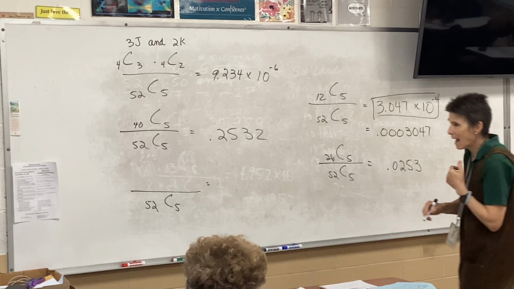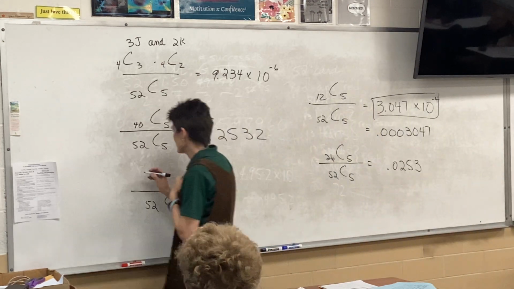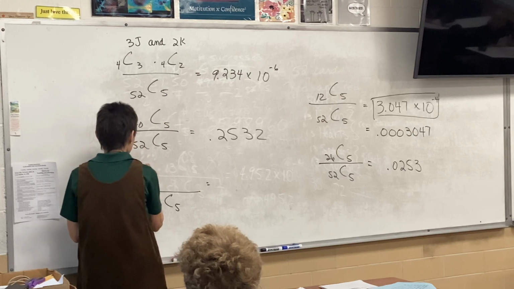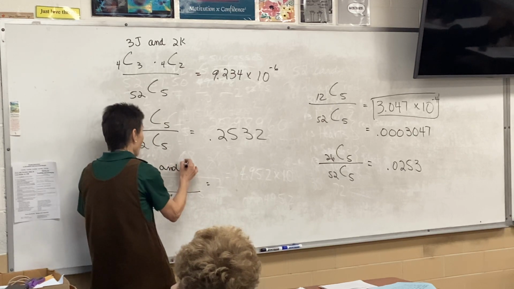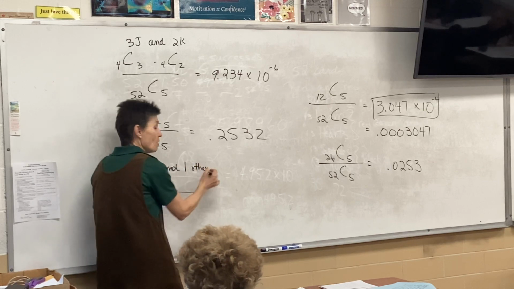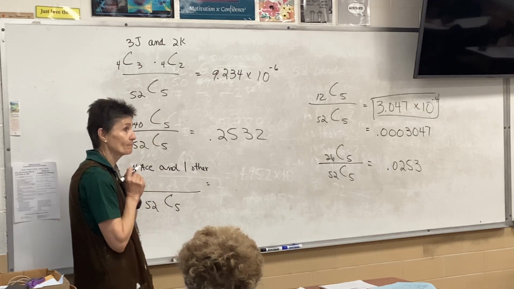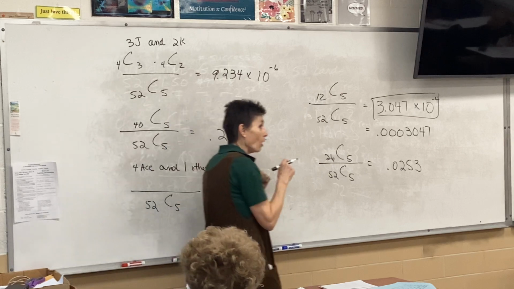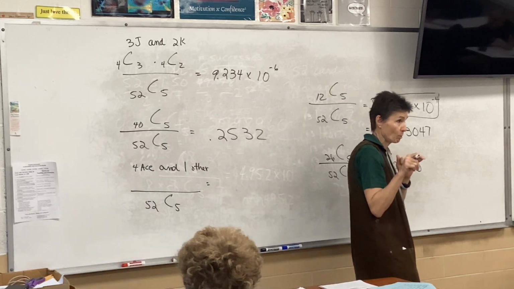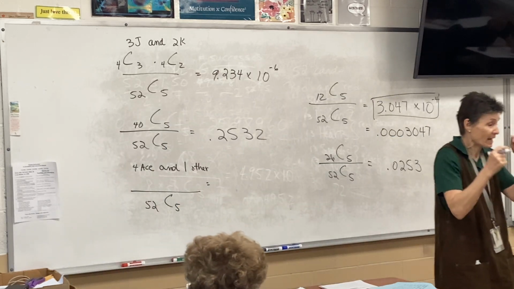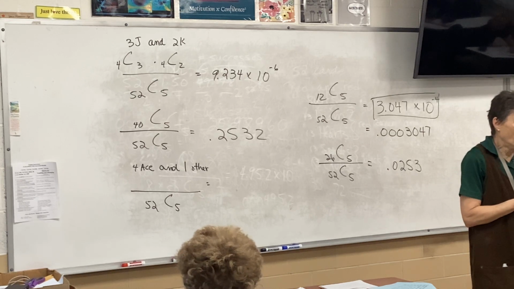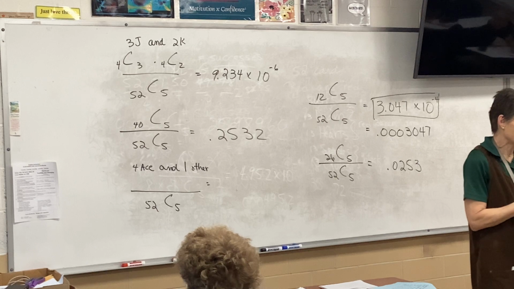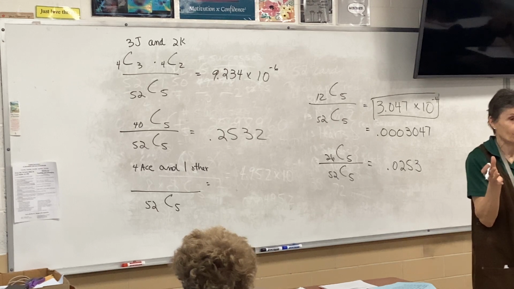So what's happening in this problem is, I want to get 4 aces, but don't I have to get one other card also if I'm going to have a 5-card hand? And that other card isn't mentioned in the problem. You just need to figure that out. There's a 5-card hand. You want to get all the aces, but you still need another card.